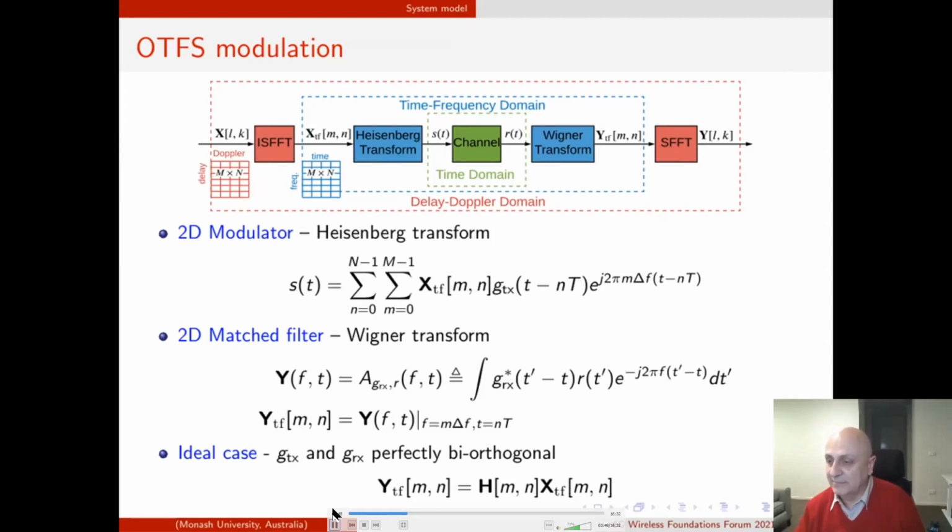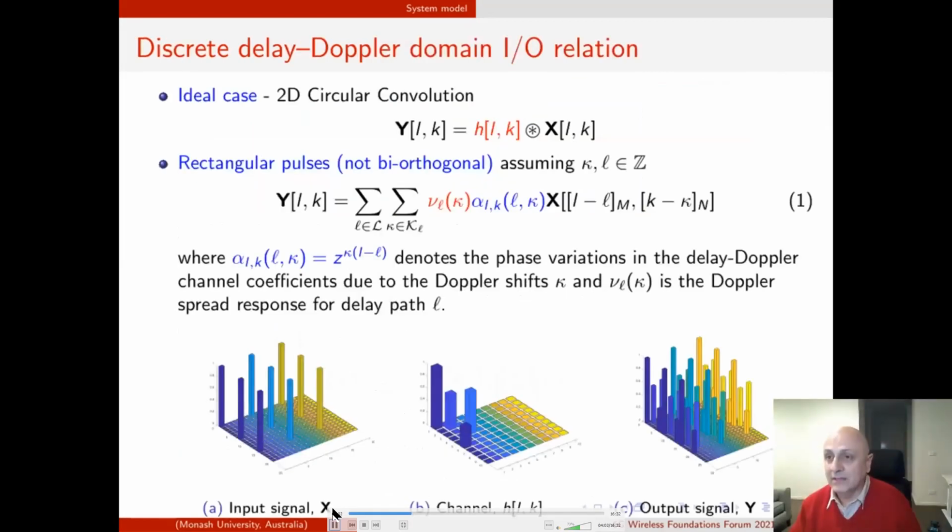We have a single-tap effect of the channel in time-frequency on the transmitted samples, and you have the received samples in time-frequency. So the relation for ideal, perfectly biorthogonal pulses is very simple: a single-tap operation. The channel affects symbol by symbol independently.